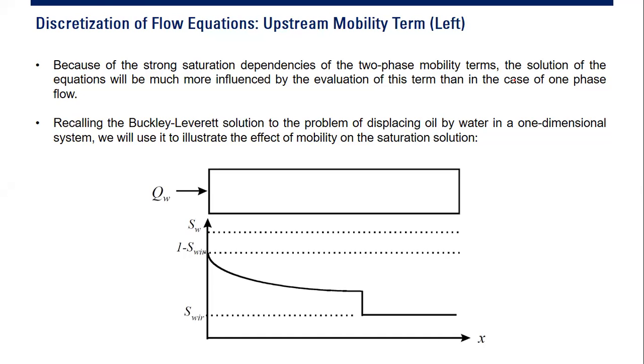Because of the strong saturation dependencies of the two-phase mobility terms, the solution of the equations will be much more influenced by the evaluation of this term than in the case of one-phase flow. So in a two-phase system, the mobility term has strong dependencies on saturation.